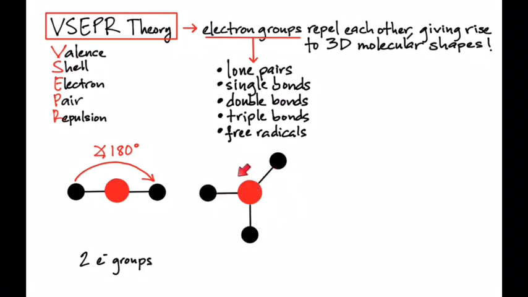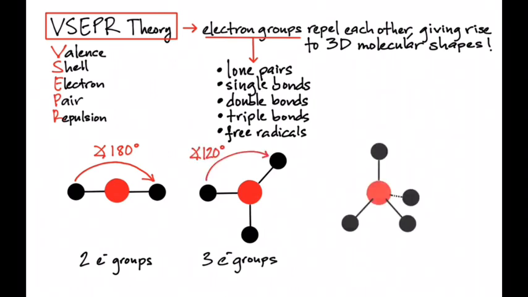So in that case, this central atom has a total of 1, 2, 3 electron groups, regardless whether it's a lone pair, a single bond, a double bond, or a triple bond. So we have a total of 3 electron groups, and the bond angle between the terminal atoms would be 120 degrees.